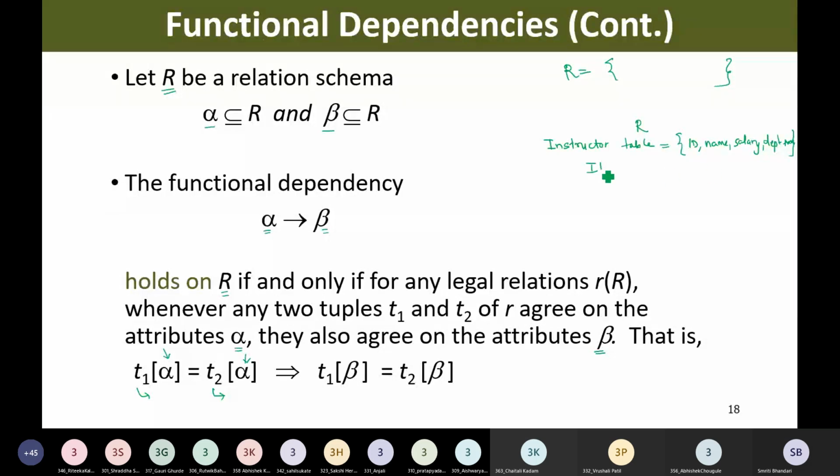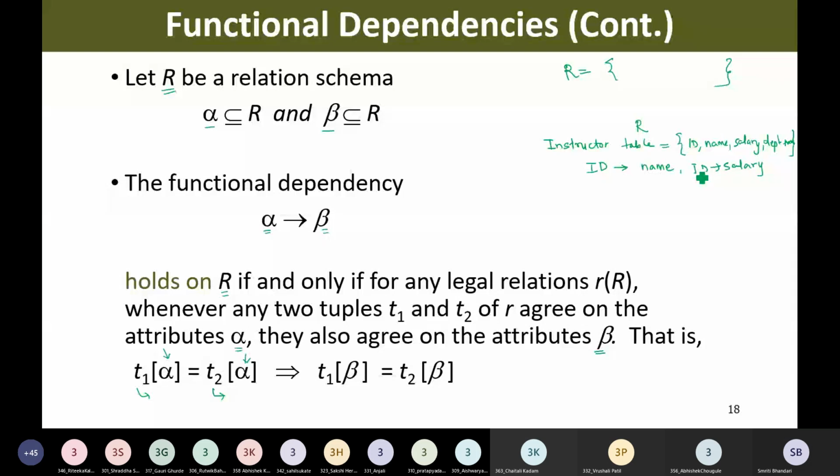And let us define the functional dependency like ID determines name, or ID determines salary.